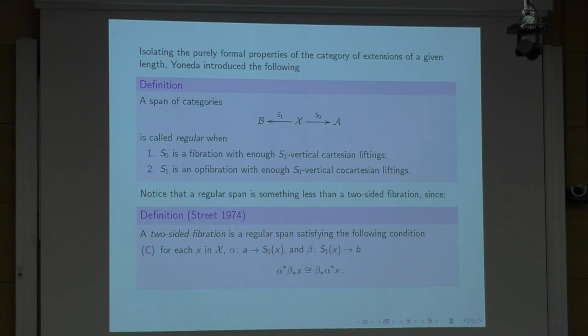And we call it the condition C. If you start with a point, an element X, and you take two morphisms, alpha from A to S0 X, and beta from S1 X to B, then you find an isomorphism between two objects, and these two objects are obtained by considering co-Cartesian followed by Cartesian, or the other way around.